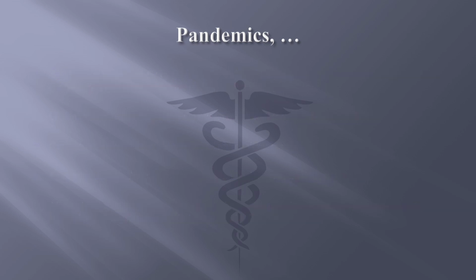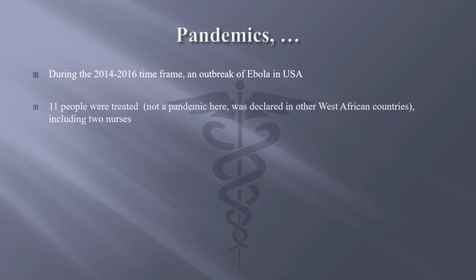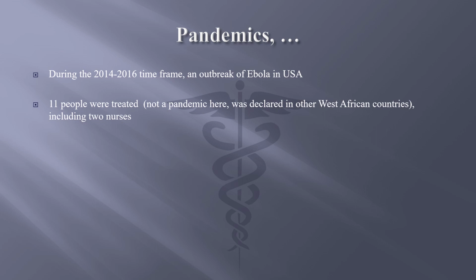To continue talking about pandemics, we'll discuss Ebola a little bit. It wasn't so much a pandemic here, as only 11 people were treated, but it was a pandemic in West African countries. Two nurses were treated for Ebola. This shows how our contact and our precautions really do play a role in how we contain and eliminate pandemics.